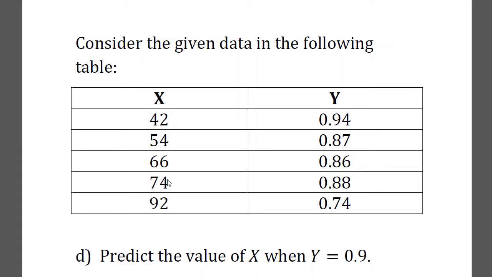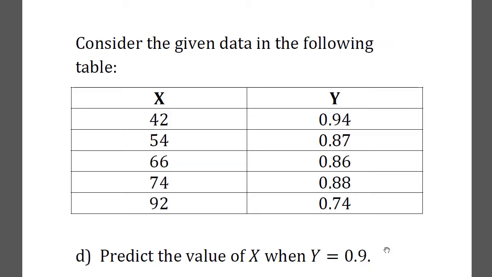The last question being brought up regarding the same data is to predict the value of x when y equals 0.9. Admittedly, this kind of question doesn't happen too much in our work. However, it's special enough to put in some consideration.